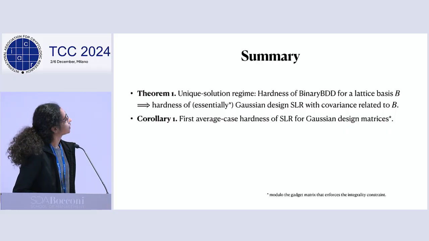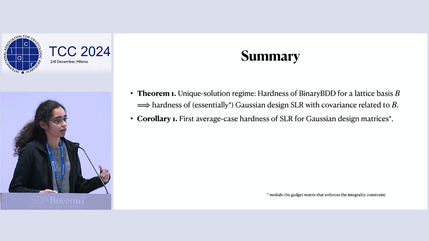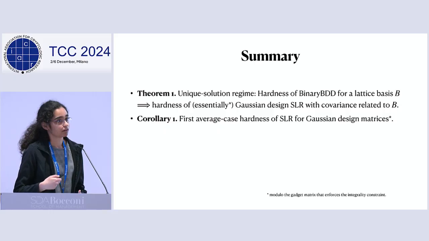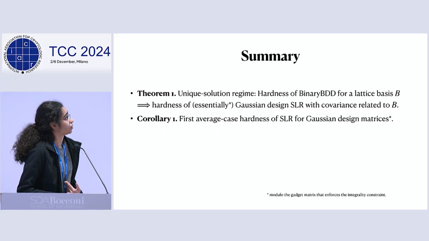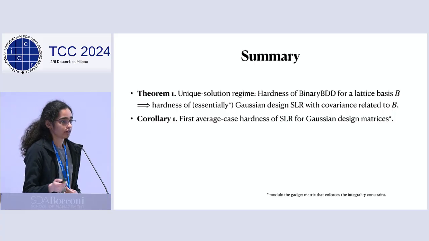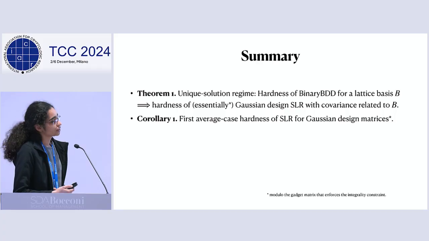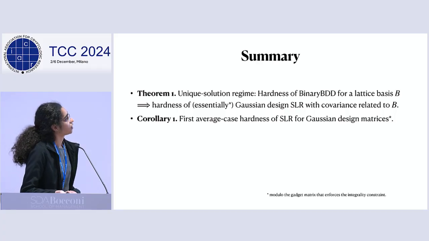So to summarize, in the unique solution regime, we have a statement that says hardness of binary BDD implies hardness of SLR with Gaussian design matrices with covariance that's related to the lattice basis B. And this gives us the first average case hardness result for SLR.